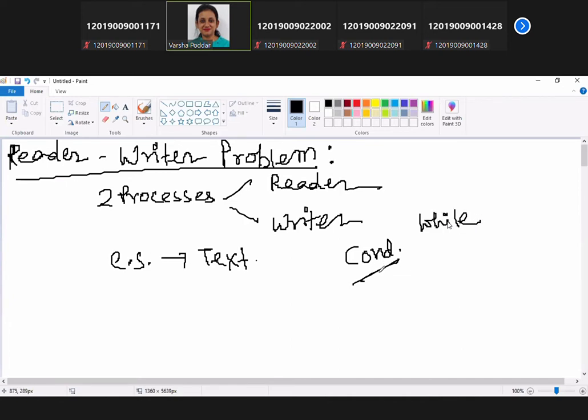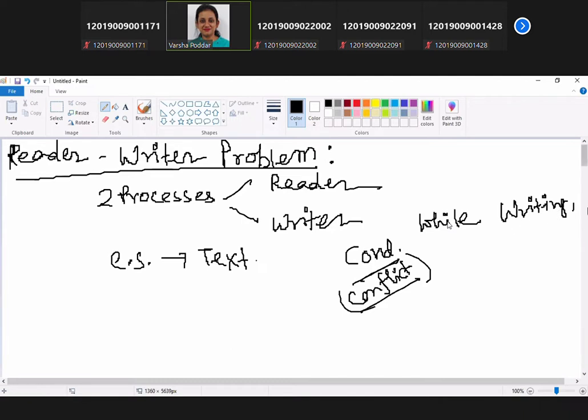The condition is dependent on the conflict. You have learned database, so now it is easy for you to understand. Write can have conflict with both read and write. And read can have conflict with only write, not read. Read does not clash because read is not updating any value, but write will clash with anyone.